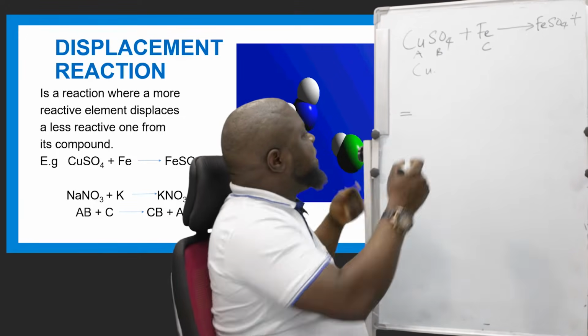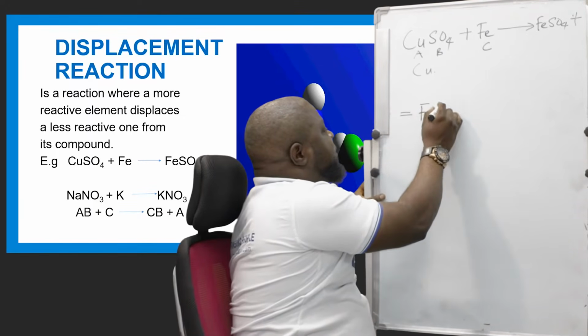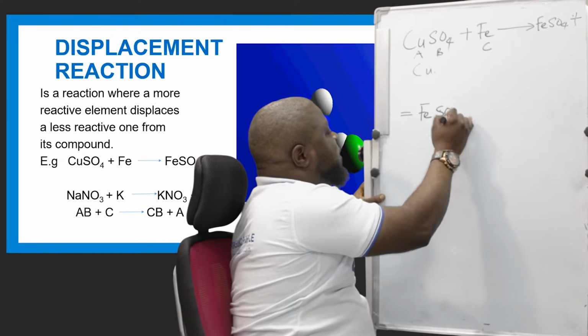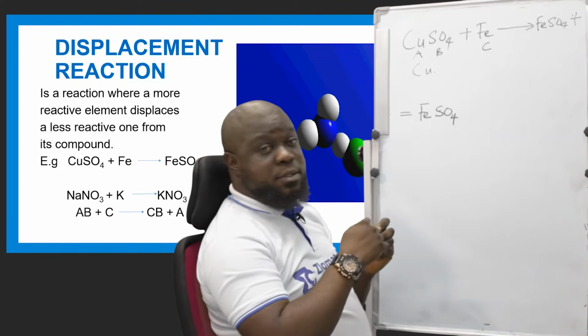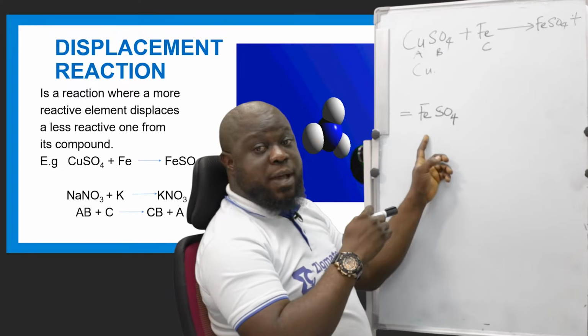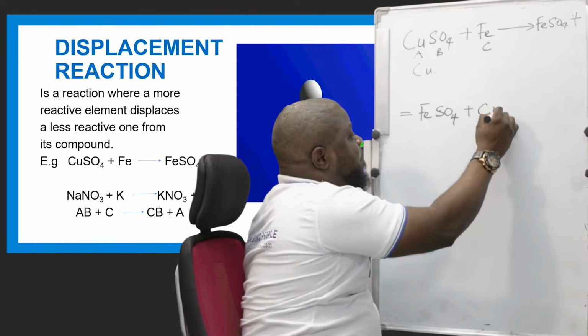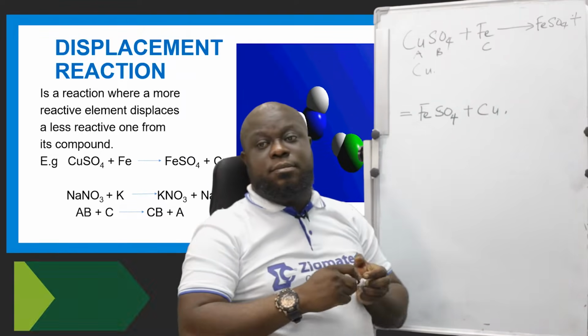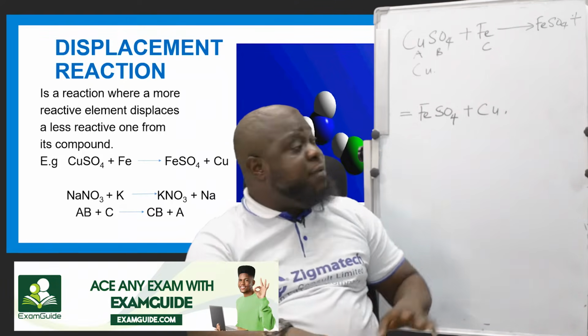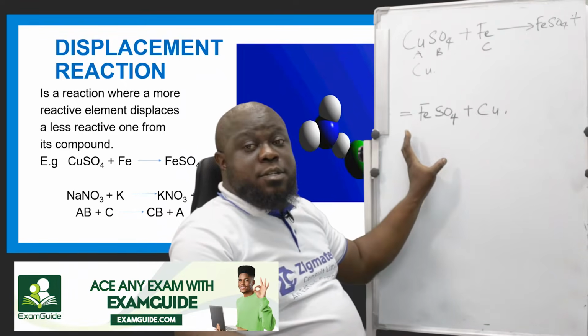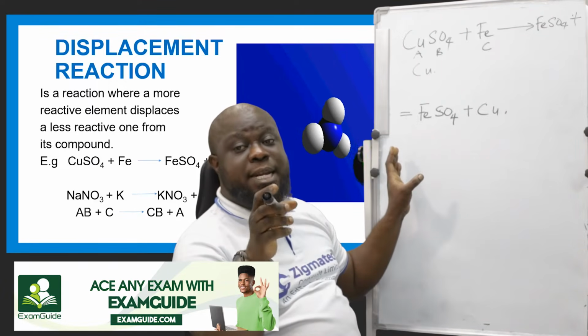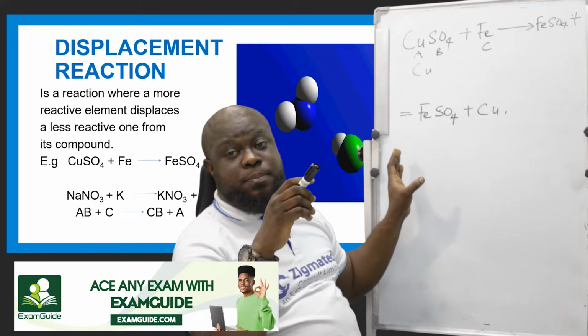CB is iron sulfide, or iron(II) sulfide. Plus what? A. The A there is copper. Gotten the answer. If you follow this particular thing, same is applicable to sodium nitrate and potassium.